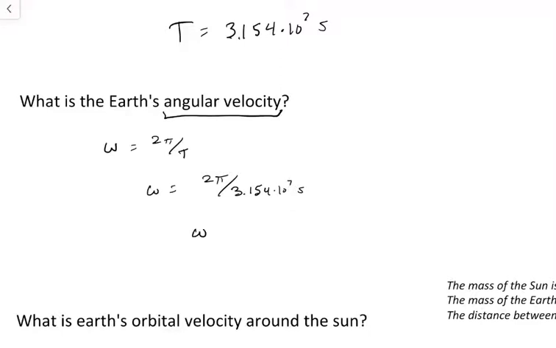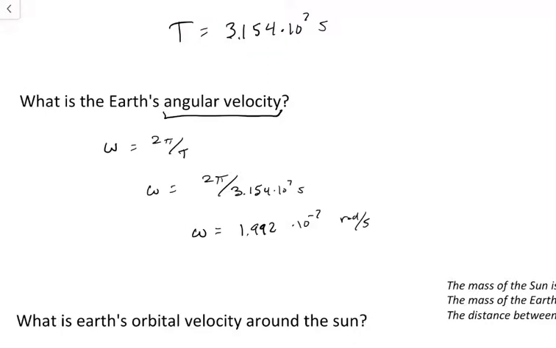So my value for omega is still as accurate as can be, and I'm just rounding at the end. So omega ends up being 1.992 times 10 to the negative 7th radians per second.